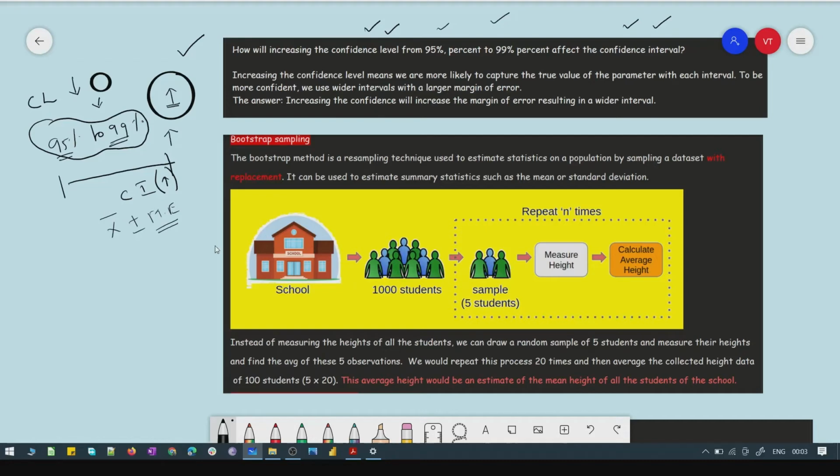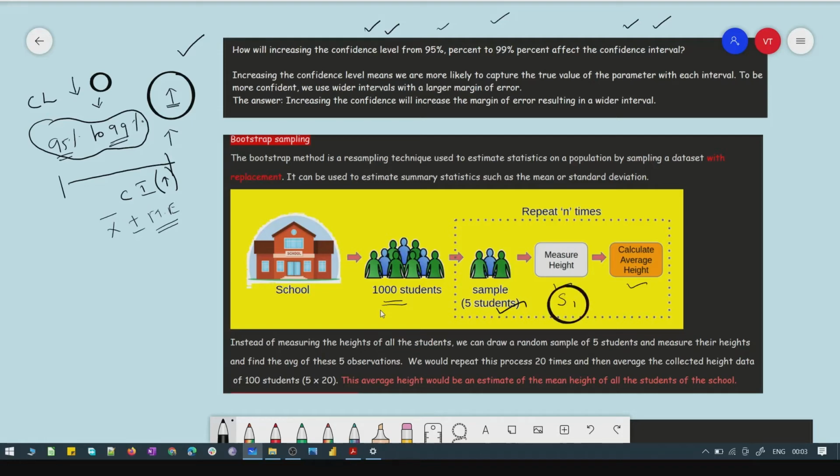Let's say we have a school with about 1,000 students, and I do not have the time or resources to measure all of them. So instead of studying all 1,000 students, I take a sample of 5 students, measure their heights and find the average. This is sample 1, S1.